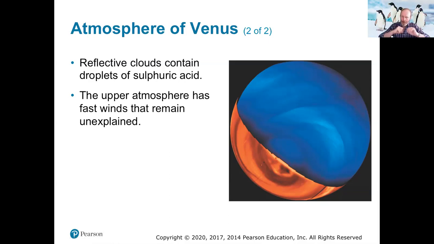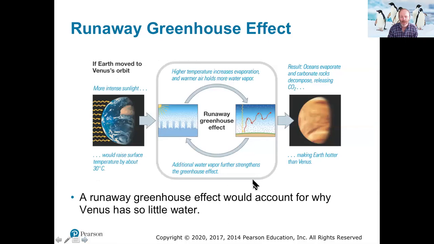It reflects 75% of the light that hits it from the sun, but the light that does get through is trapped by this enormous amount of particles. That's a 90 times denser atmosphere than we have. We don't know as much as we'd like to about the processes that govern the atmosphere. We're still working on the fast winds that are at the top.